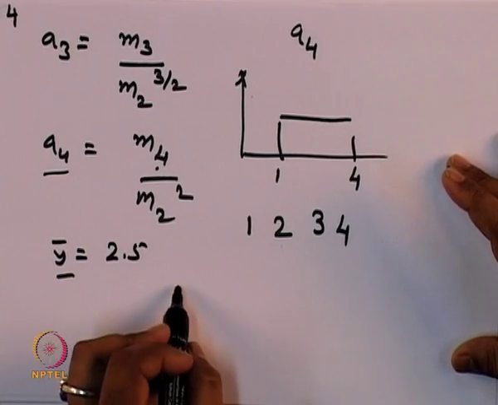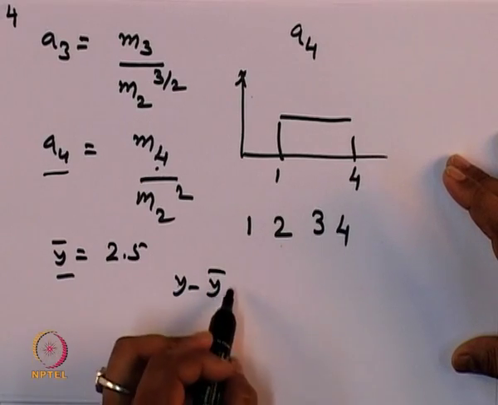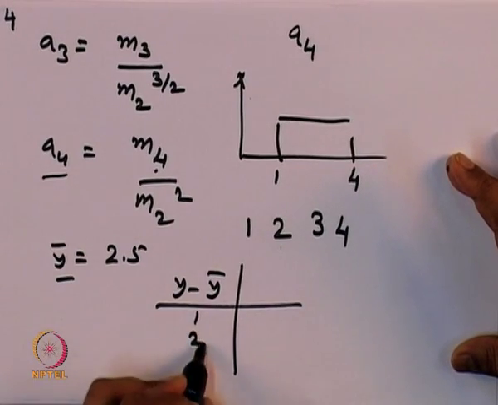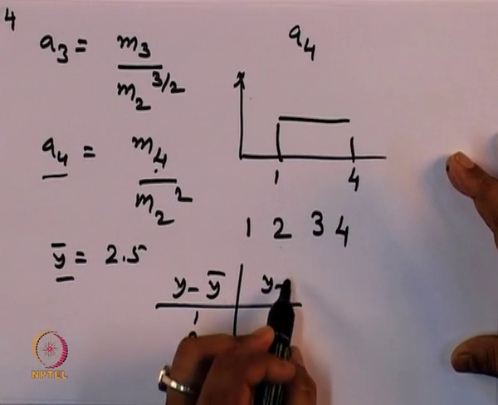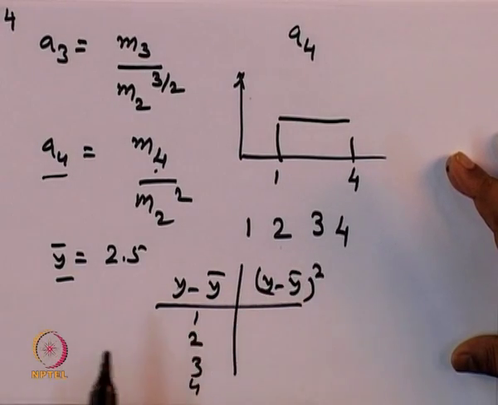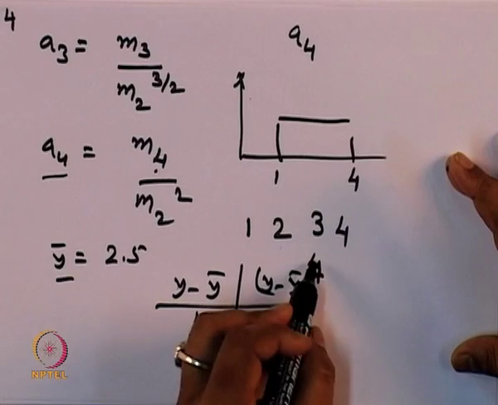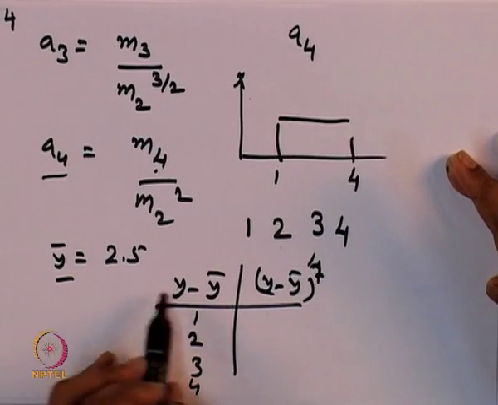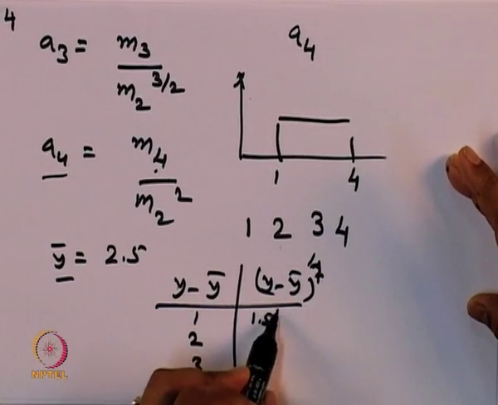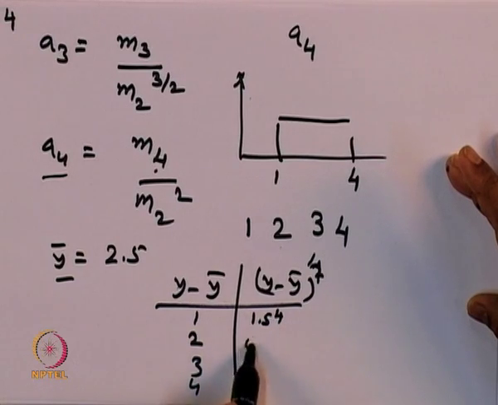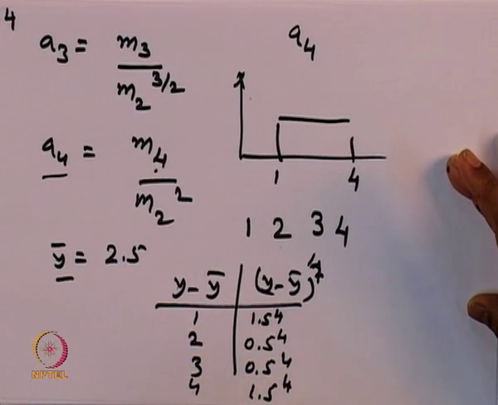So, I can have y minus y bar, y minus y bar whole square whole to the power 4th. So, this is 1.5 whole to the power 4, this is 0.5 whole to the power 4, 0.5 whole to the power 4, 1.5 whole to the power 4.